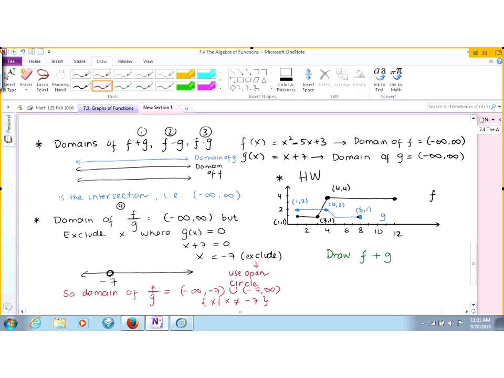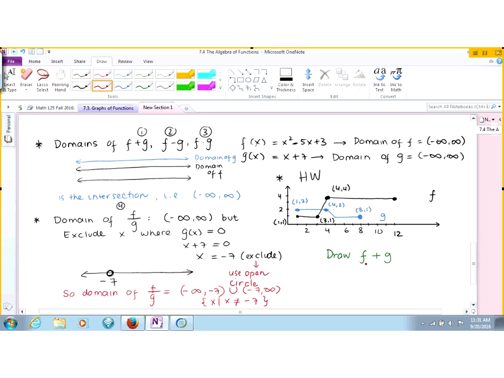Because here I don't have f. What am I adding anyway? I could only add f and g if there is both f and g. So my graph will be from 1 through 8 only, just because from 8 through 12, there is no g.